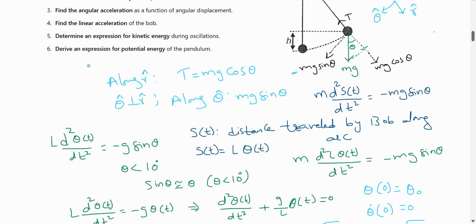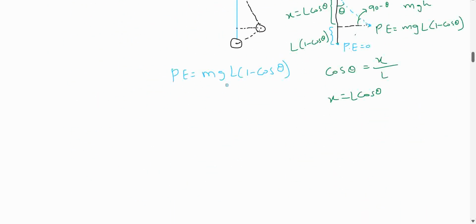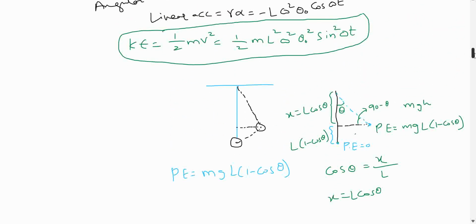So this derives an expression for potential energy during the oscillations of the pendulum. We have seen how it varies with theta; the only variable here is theta, so the potential varies with theta. However, the total energy will be constant.